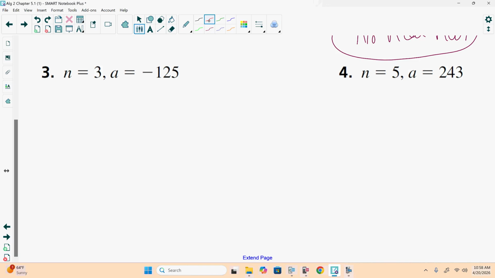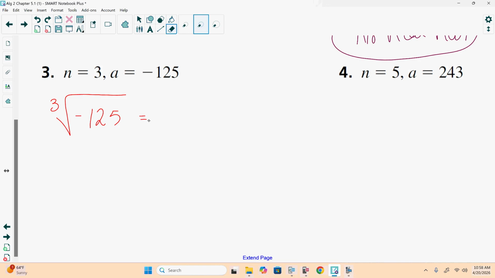Let's look at number 3. It tells us n is 3 and a is negative 125. So what we're looking at is the cube root of negative 125. After that last problem, it might be helpful to see if we have any restrictions, but we're taking an odd root, yes?